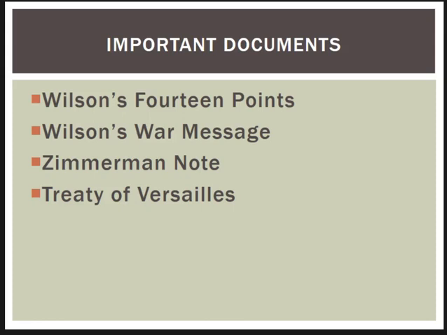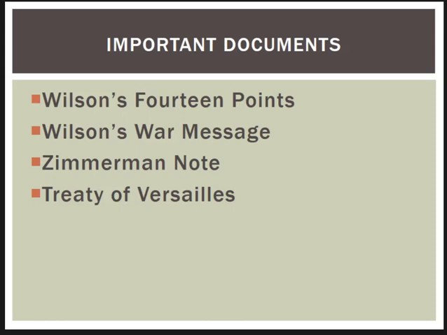But according to this coded telegram, presumably sent by Zimmerman to the Mexicans, if Mexico would help Germany prevail, should the United States become involved in the war, then Germany would see that Mexico would get back some of the territory it had lost in 1848 to the United States as part of the settlement of the Mexican-American War.